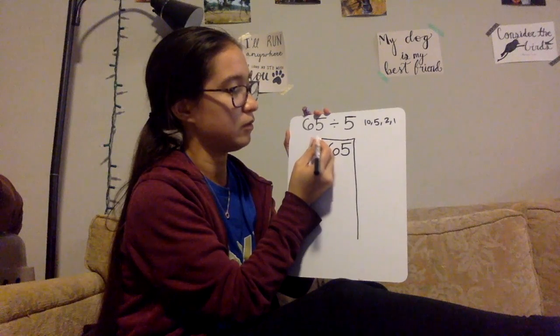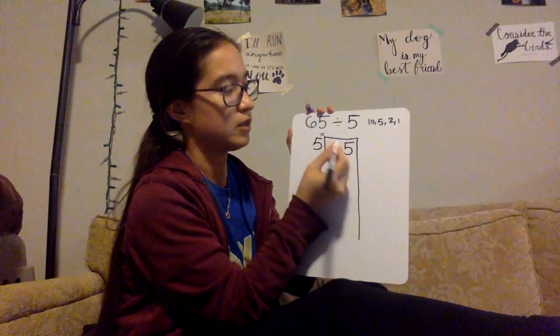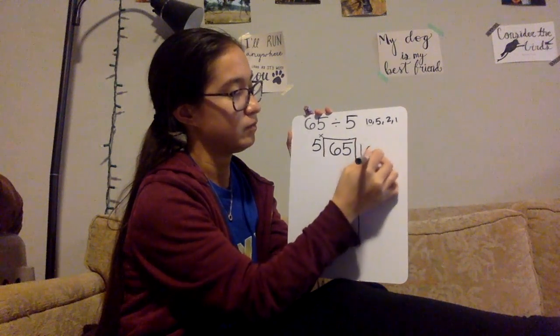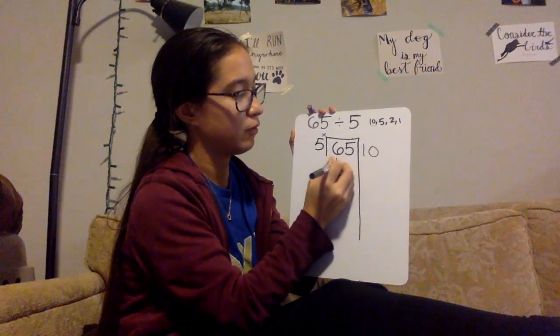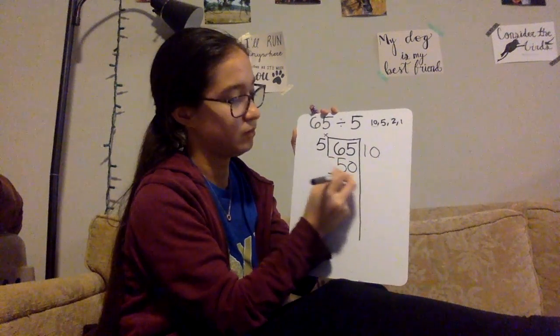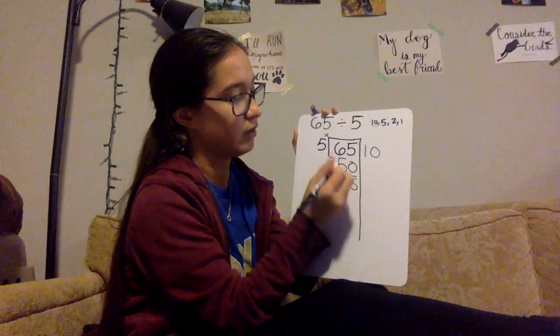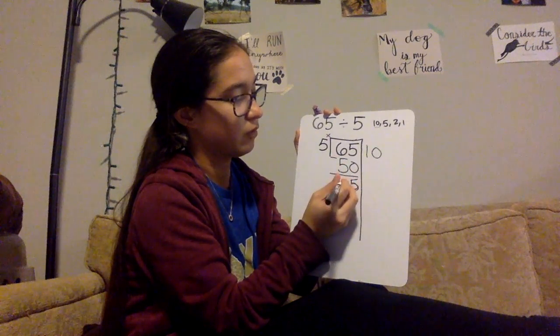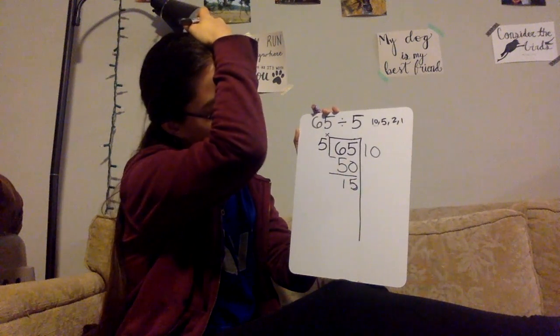Okay, so I'm going to do 5 times, I'll start with my biggest friendly number, 10. 5 times 10 is 50. Then I'm going to subtract down, and I'm going to get 5 minus 5 is 0, 6 minus 5 is 1, 15.